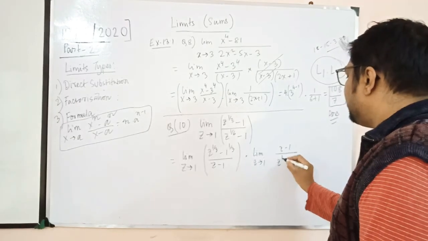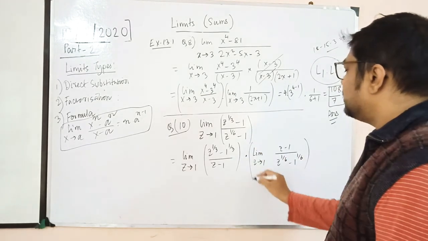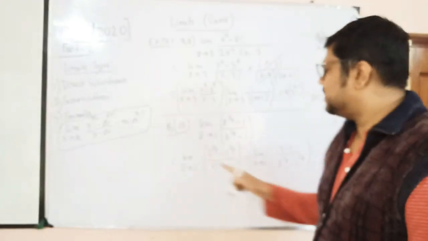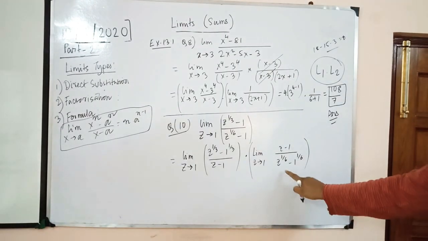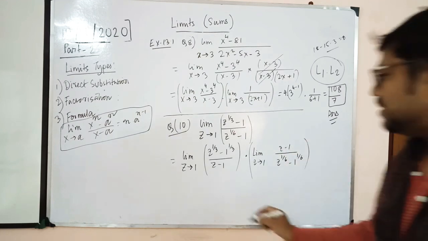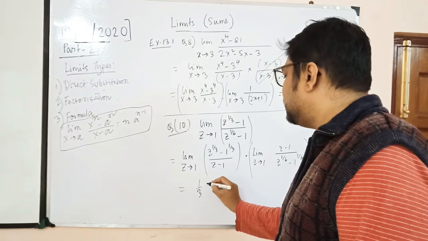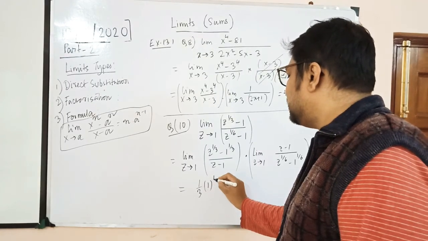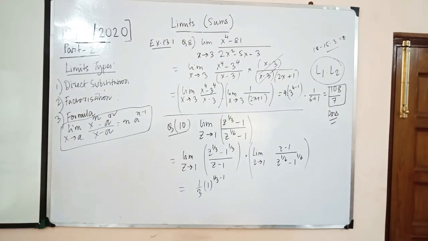So this is z to the power 1 by 6 minus 1 to the power 1 by 6. Look at it. This is also this formula and this is the reciprocal of that formula. Okay. This is the same only, but it's the reciprocal. So here when we write n is 1/3, 1/3 minus 1. So that will become 1 to the power anything, you get 1.